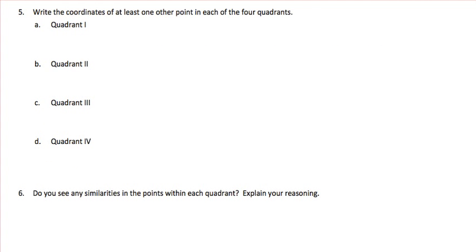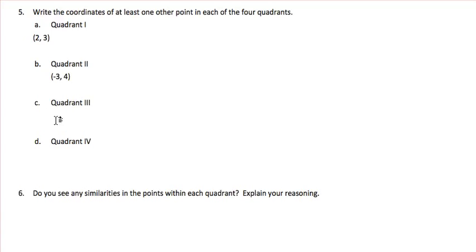Now, exercise 5 asks us to write the coordinates of at least one other point in each of the 4 quadrants. So your answers may vary from mine, but there are a few things that will be similar. If I'm going to write the coordinates of a point in quadrant 1, I might perhaps say 2, 3. And in quadrant 2, I might say negative 3, 4.